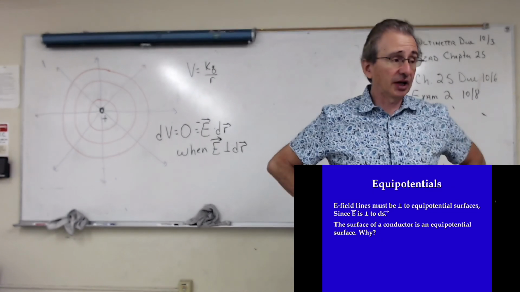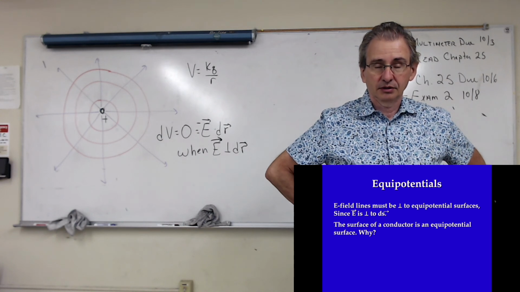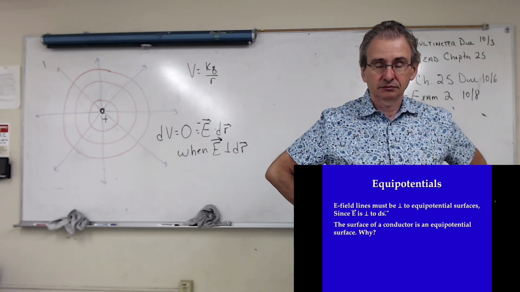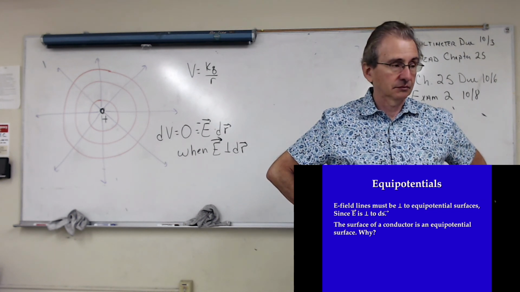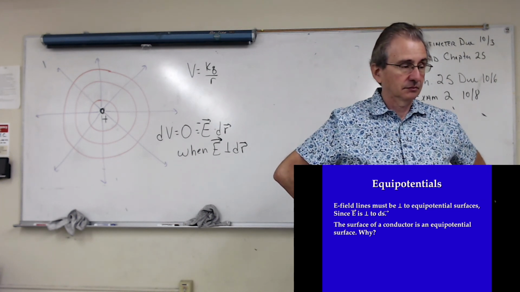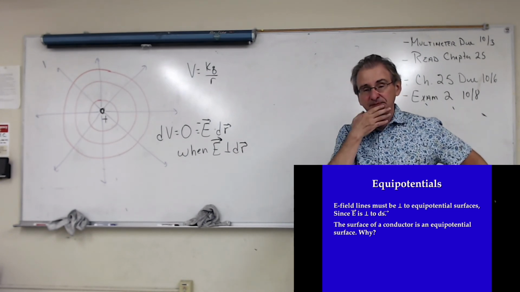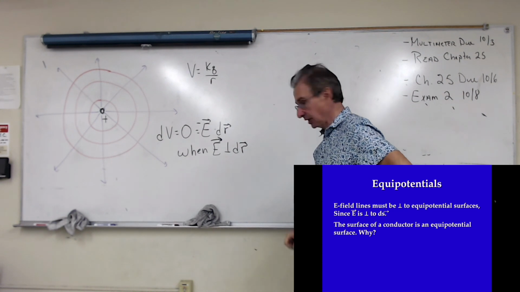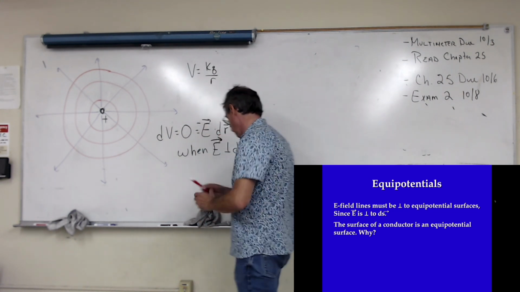The surface of a conductor is an equipotential surface. Why is that? So let's say I have a conductor. It can be any shape.